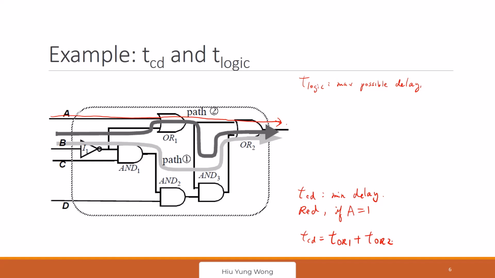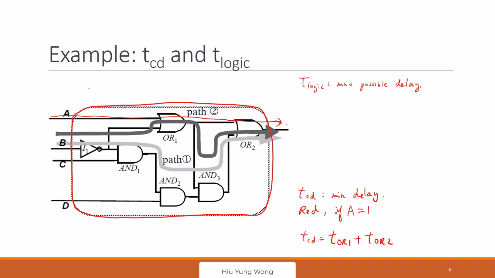Professor, shouldn't each gate have a specific value for the propagation delay and contamination delay? So you're talking about just for A. Similarly, it will come for B, C, and D, right? No, I am talking about the contamination delay of this whole block.